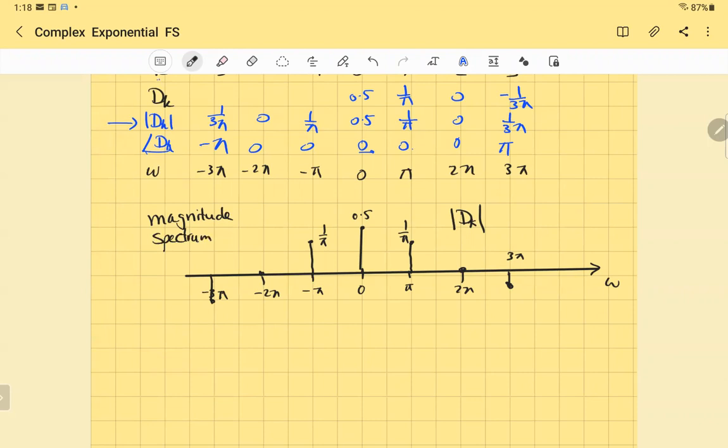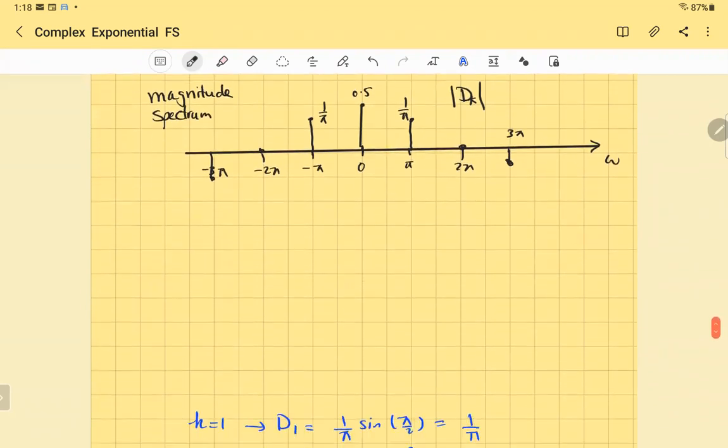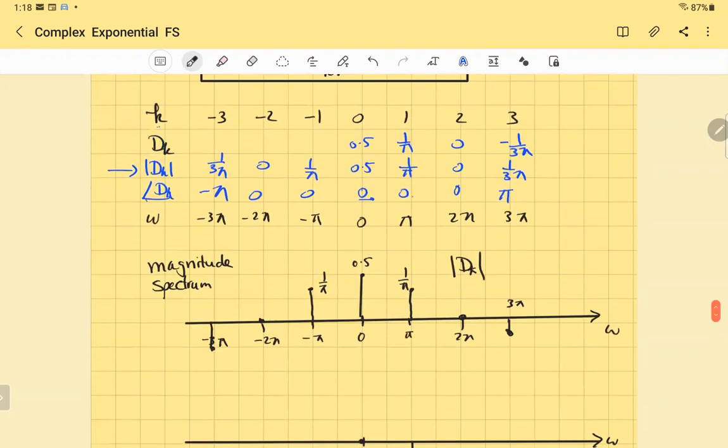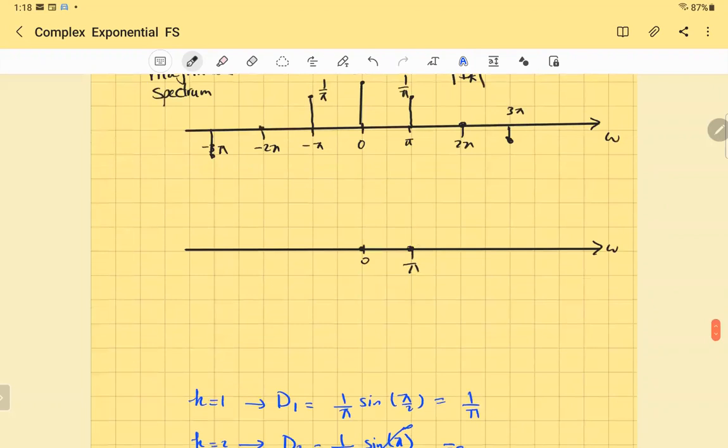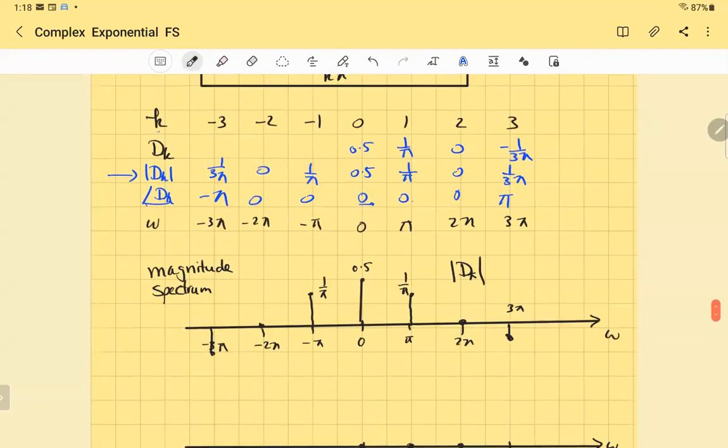Okay. What about the phase? Well, you do the same thing here. The phase is really easy in this one. At 0 it's 0. At pi, it's 0. At 2 pi it's 0. At 3 pi it's equal to pi.